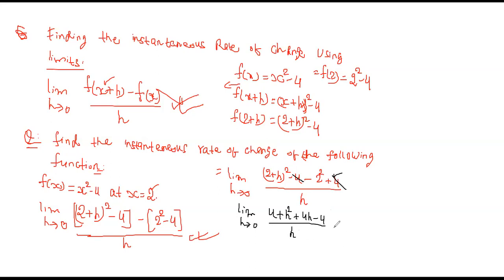Got it? This 4 minus 4 cancels. Again, limit h tends to 0, h into h plus 4, by h. This h cancels. Equal to 0 plus 4 is equal to 4. Any problem? No, sir.